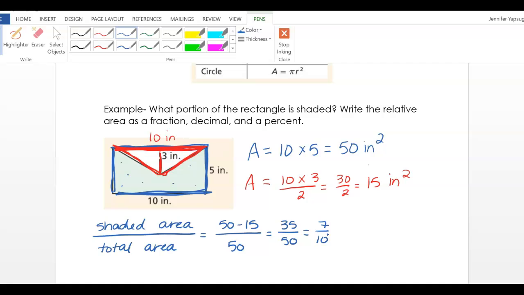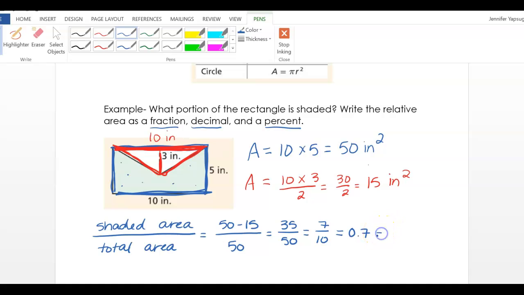I need to change 7 over 10 not only from a fraction, but to a decimal and a percent. My decimal equivalent is 7/10, which I could also calculate in my calculator: 7 divided by 10 is 0.7.